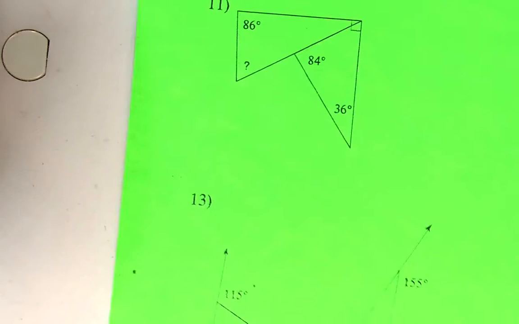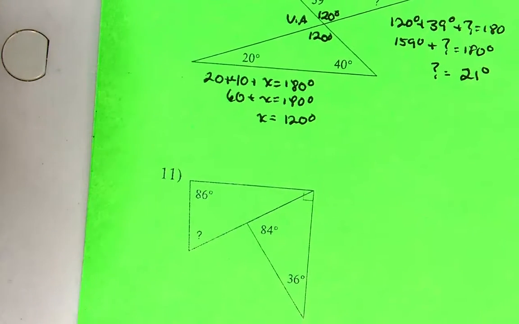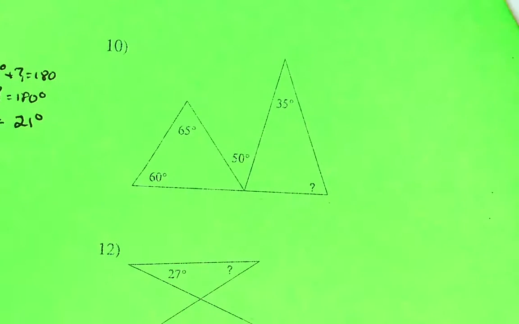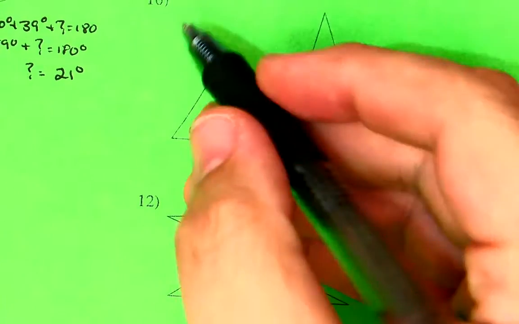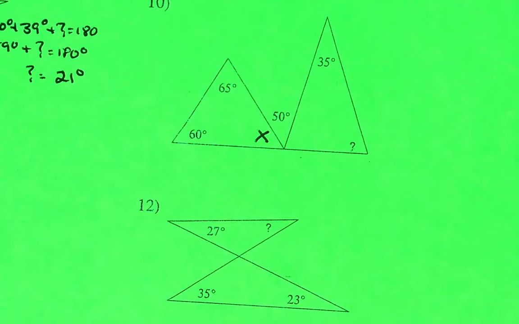Now I'm going to skip to some problems that have been causing some people some difficulty. Take a look at number 10, for example. Now, to get to this angle, the first thing I have to do is focus on the first triangle here and get an x value here.